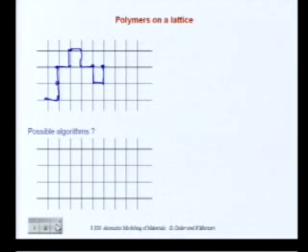Here's an obvious one. You can take the end and fluctuate it. You could take this segment and make it go either here or here. You could slide the snake forward. So you put a vector on this and move it forward one.